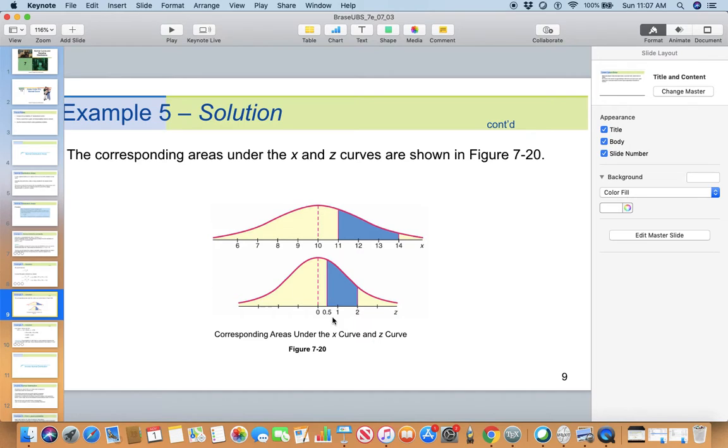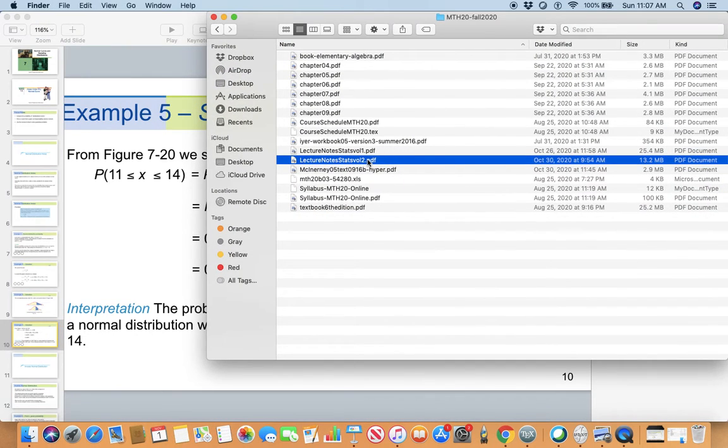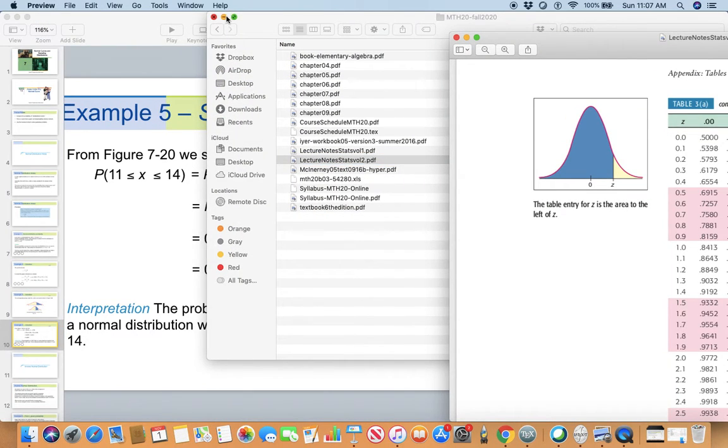Why would we convert? Because we have a table here. We don't have a table here. So for this we will refer to the table. Use z equals 2 and z equals 0.5 and subtract. Where did they get these numbers from? So let's look at the table. There you go.